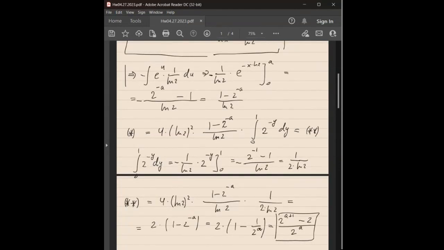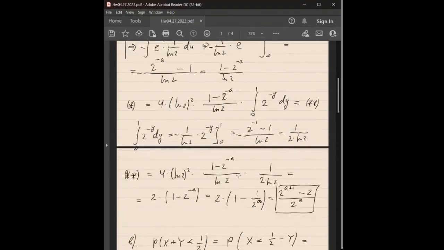The integral from 0 to 1 by dy is 1 over 2 multiplied by ln 2, and I got this result. By simplification, I got 2 to the power a plus 1 minus 2 over 2 to the a, and that's the answer in the text in the book.